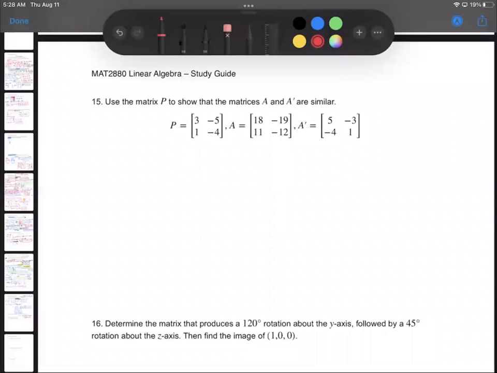Okay, number 15, use the matrix P to show that the matrices A and A prime are similar. So we want to show that A and A prime are similar. This means A prime equals P inverse AP.